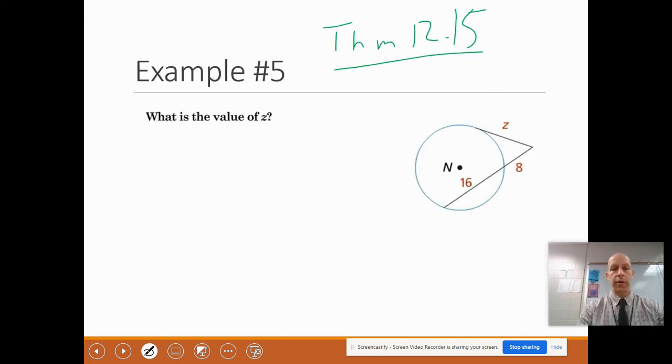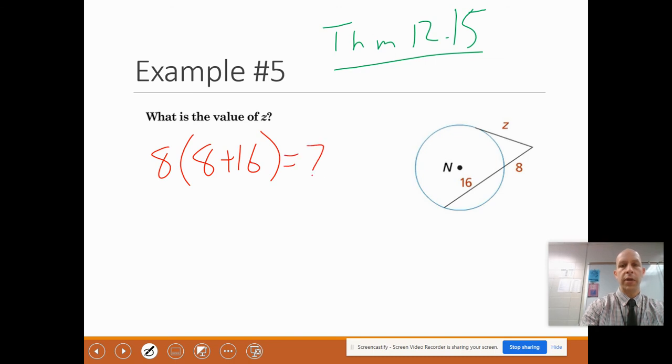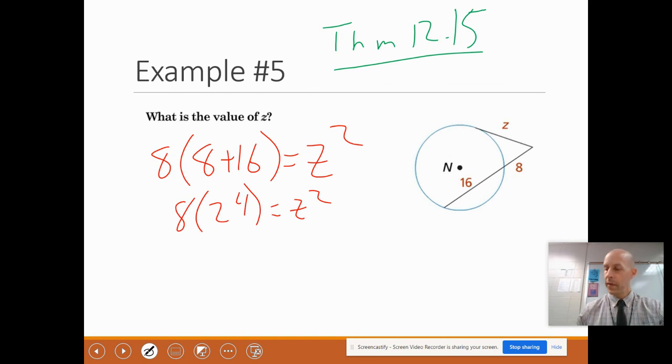In other words, set it up. 8 times 8 plus 16 is equal to z squared. So that's going to be 8 times 24 equals z squared. 8 times 24 is 192. That's equal to z squared.